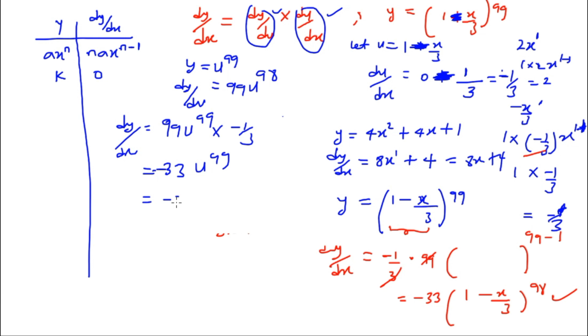U is what I have in the bracket. I substituted it as minus 1 over 3, so raised to power 99.